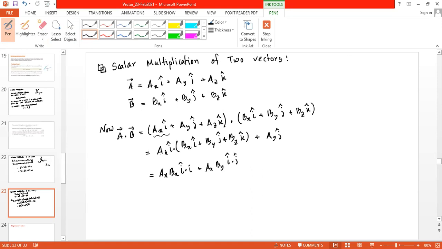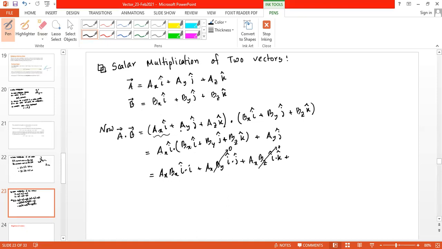I am not writing Ax dot By, because Ax and By are simply numbers, magnitudes, so it doesn't matter. Plus Ax Bz i dot k. Let's have a look: i dot j equal to 0, so this will be 0. And here again, i dot k equal to 0. So only this one will survive from the first term.